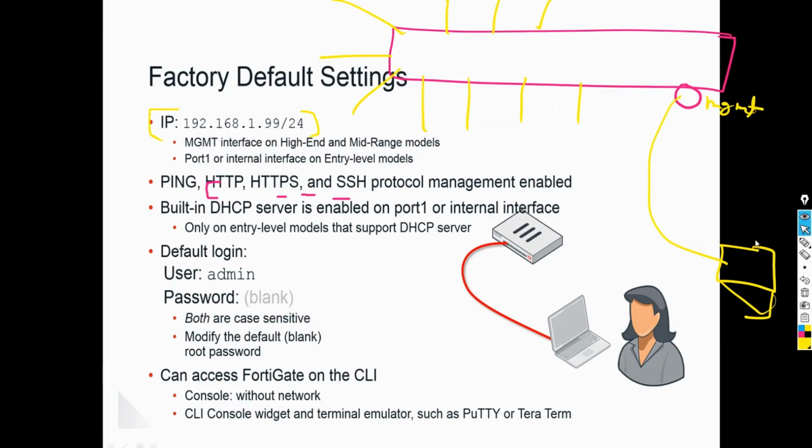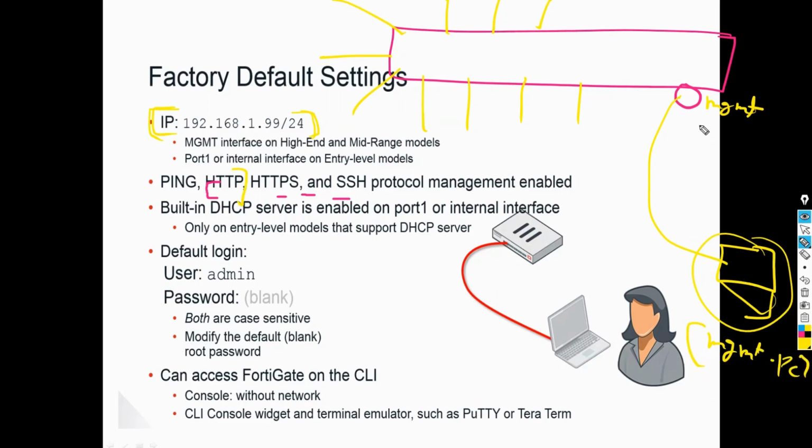Okay, so here we have the management port. You can connect with a management PC, and since I have this IP address, I can configure the same series of IP onto this management PC.